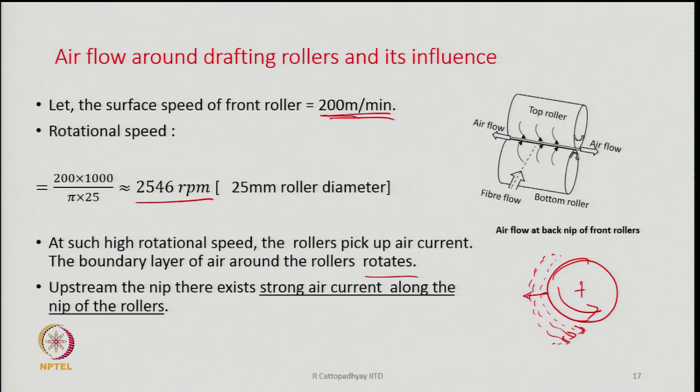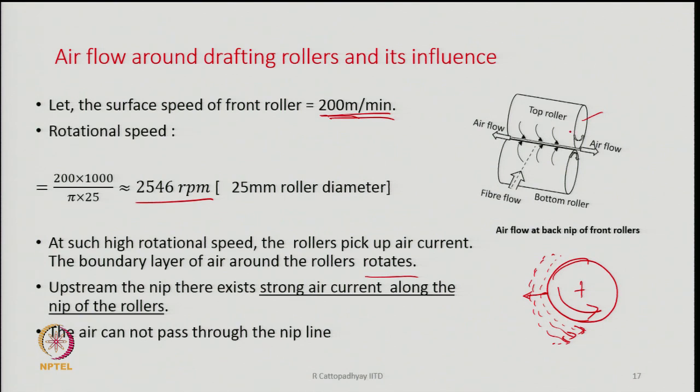When they meet at the nip, they cannot pass through the nip line, because the top roller is covered by a cot and the bottom roller is made of steel. Between them there is a pressure and the nip is such that there is no escape route for the air to pass through, it is completely sealed.